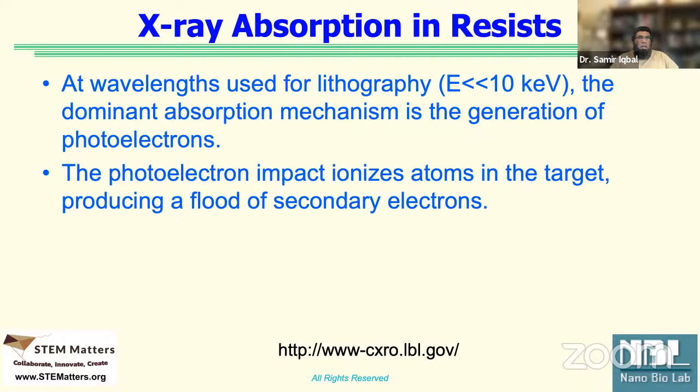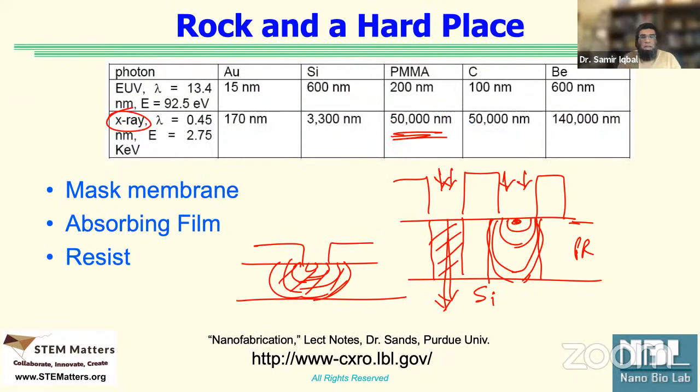Or if we do that, they result in impact ionization of atoms in the photoresist, which means they would result in a bigger feature. The exposure area will increase because now they are causing an impact with the atoms of the photoresist and causing a flood of electrons, causing change in the photoresist in a bigger area. So I just made a cartoon here that, yeah, it's a rock and a hard place, which means which way do I go?